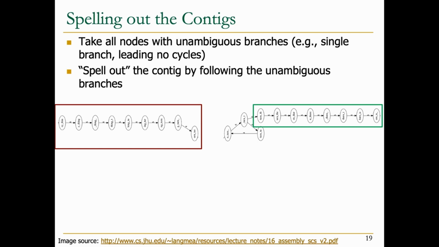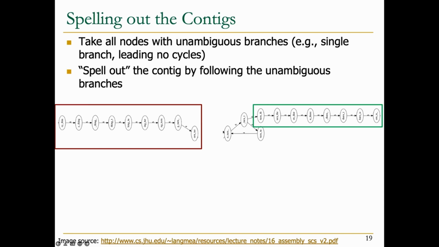Spelling out contigs is mainly starting from the very early node and then following all the overlaps from each node to another one, so that you spell out the strings that are written here based on the overlap information.